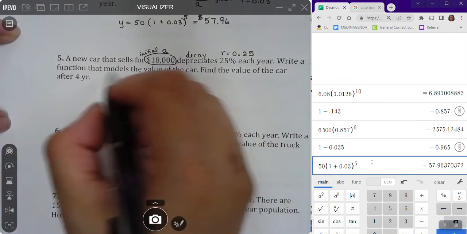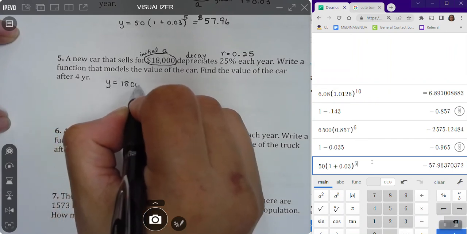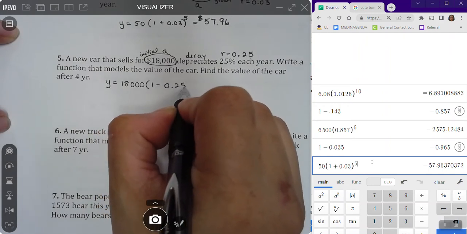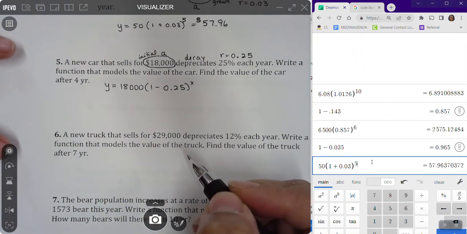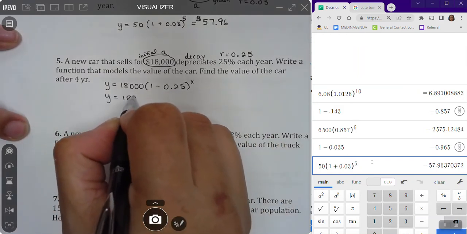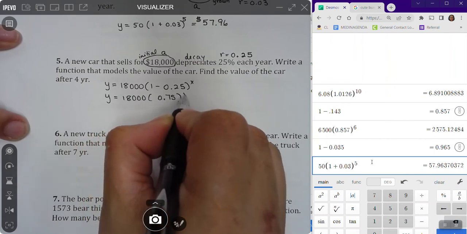All right, writing the function, y equals 18,000 times 1 minus 0.25. Right, and if you simplify that, it would be 0.75 raised to the x.